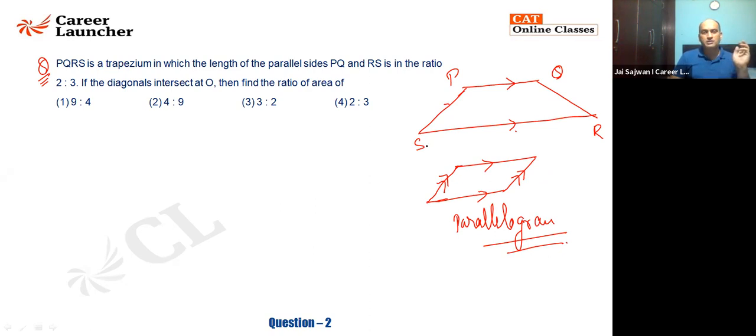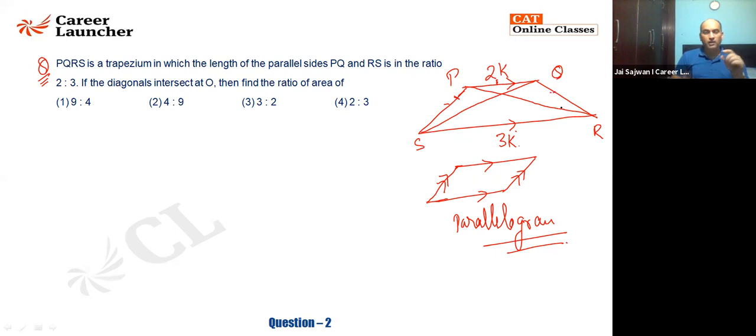Now PQRS is given as a trapezium, in which the lengths of the parallel sides, that is PQ and RS, are in the ratio of 2 to 3. Say it is 2K and this is 3K. Fine. The diagonal is not the adjacent side. When opposite vertices are connected, these are known as the diagonals. So आपको पता है, this is a side, this one is a side, this one is a side.